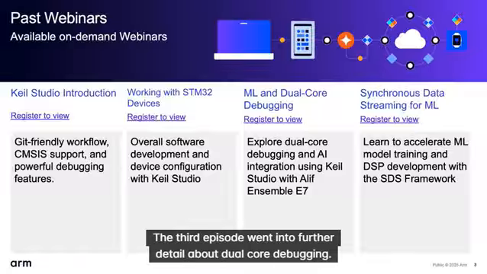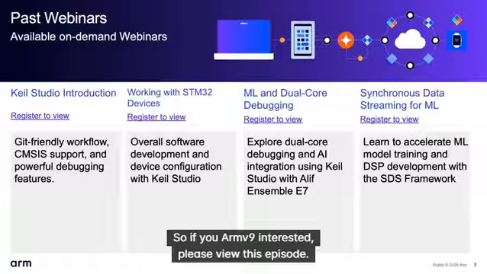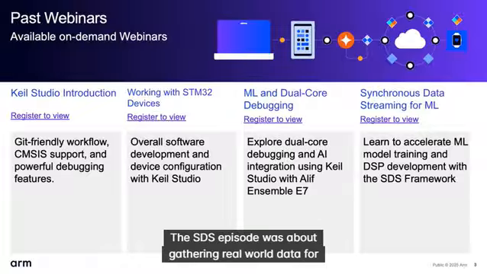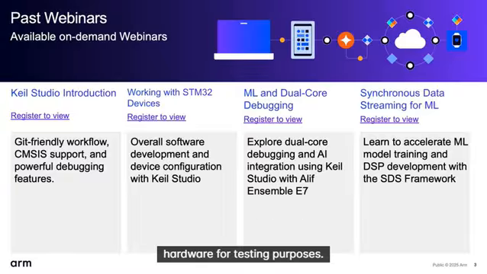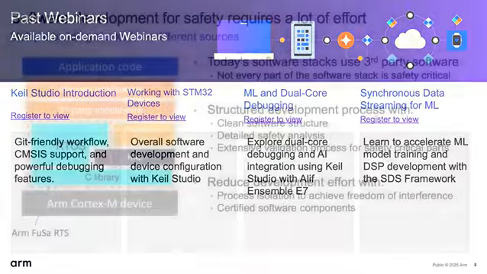The third episode went into further detail about dual-core debugging. We can only touch that aspect today, so if you are interested, please view this episode. The SDS episode was about gathering real-world data for ML applications and how to play them back to virtual and real hardware for testing purposes. You can review these sessions anytime by accessing these links.